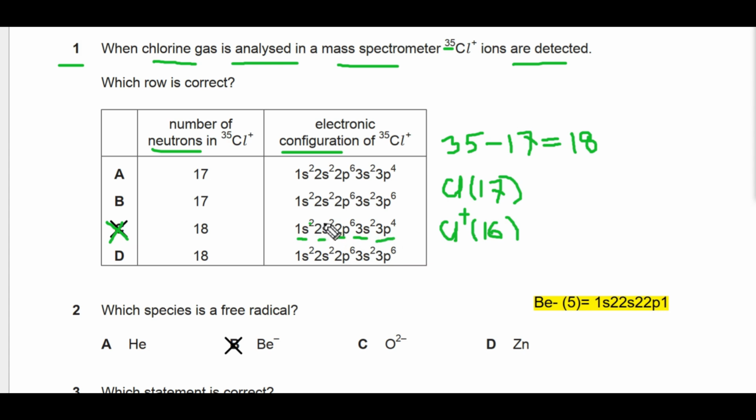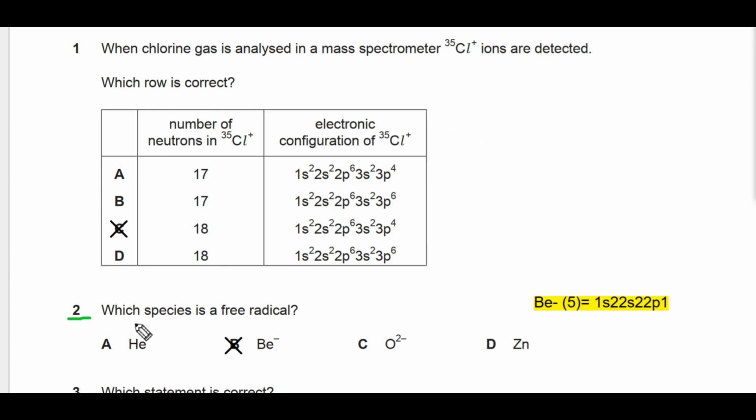So 2, 4, 10, 12, 16. C is the right answer. But here, 2, 4, 10, 12, 18 electrons, so this is wrong. D is wrong. This part is wrong. So C is the right answer.